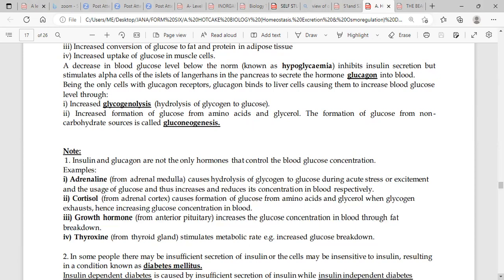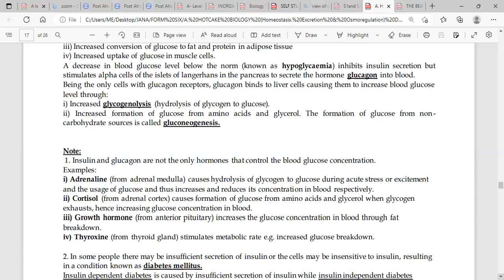All these others are bringing about an increase in glucose concentration. So these other ones are performing the same role as glucagon hormone. So it is not only insulin that is produced by the beta cells and glucagon produced by the alpha cells that are involved in maintaining the blood glucose levels at 90 to 100 milligrams per 100 centimeters cubed of blood.